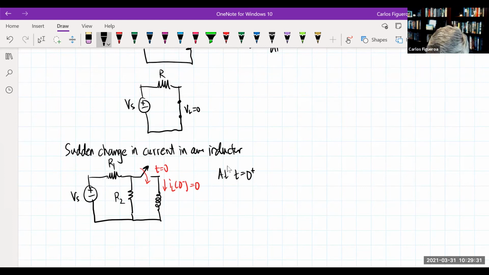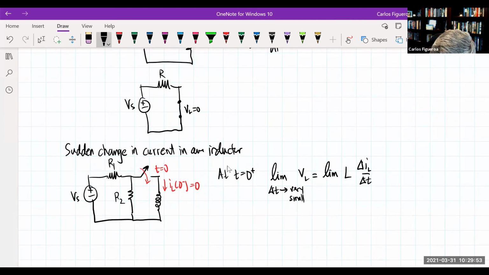Well, what actually happens? If I look at the limit as delta t is very small of VL, then I'm really looking at the limit of L di over delta t.